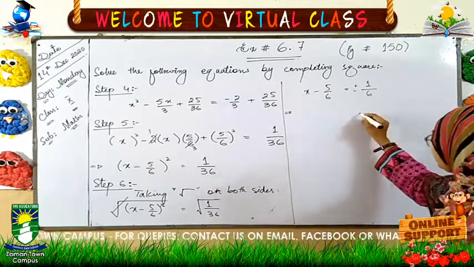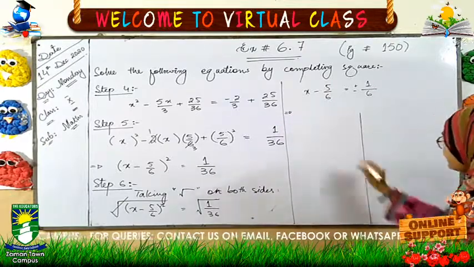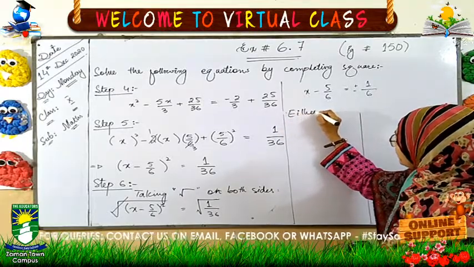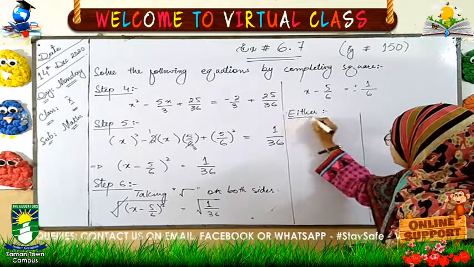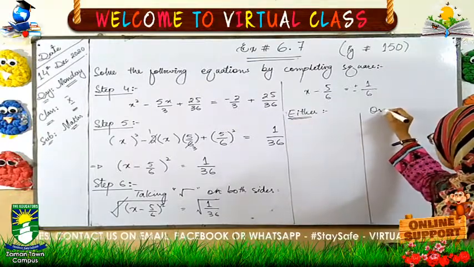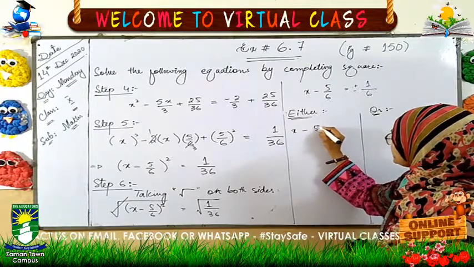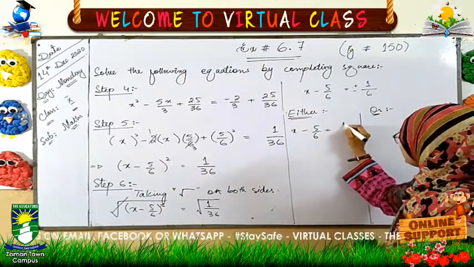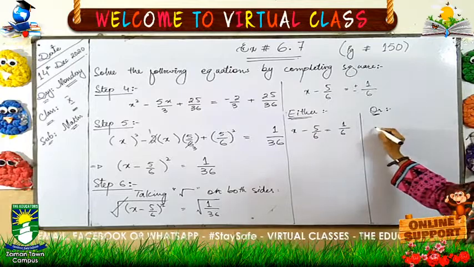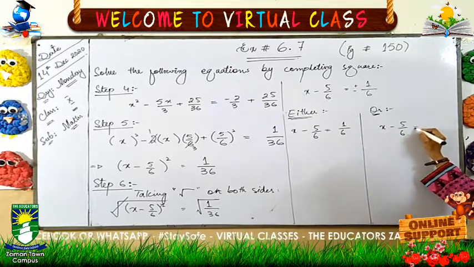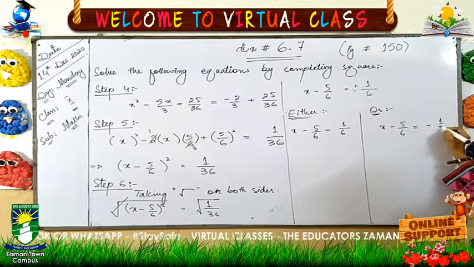From here onward, we will make one column for one case and the next one for the other. Here we will write with the plus sign: x minus 5 upon 6 is equal to 1 upon 6, and here with the minus sign: x minus 5 upon 6 is equal to minus 1 upon 6.